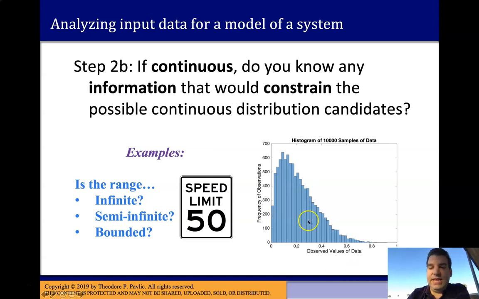So in other words, like in this data set, it looks like I never get negative values, but I can get any positive value, although these positive values are very rare. Are they bounded? Imagine if I had a histogram where it only went from 0 to 0.6 and I didn't see any values greater than 0.6. All of these things help me figure out what type of random variable I might want to use to do my fitting.